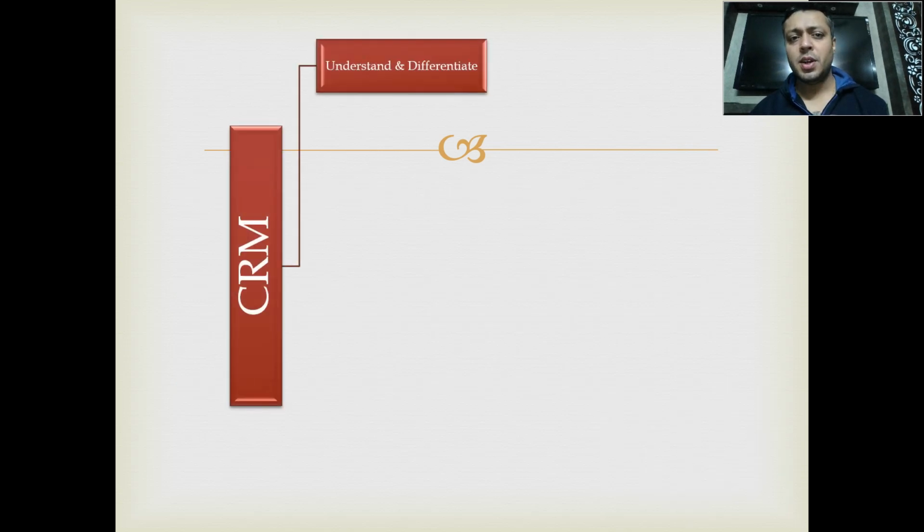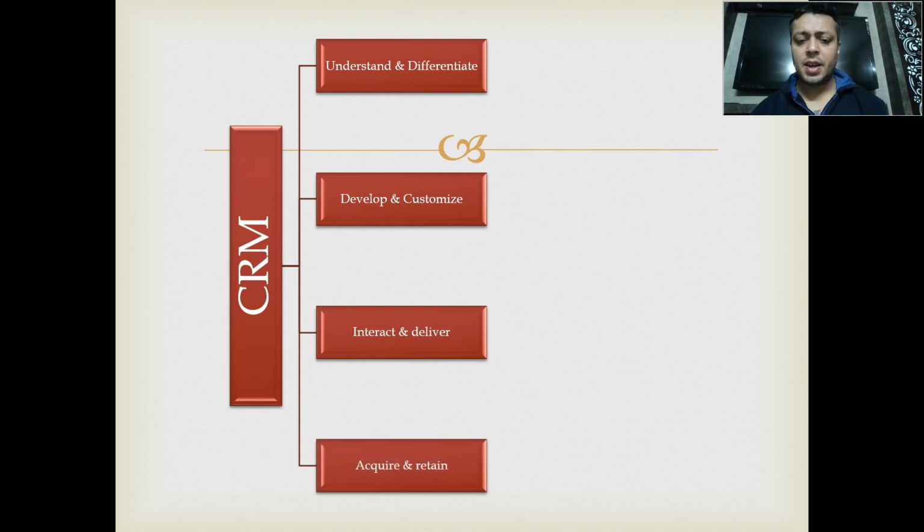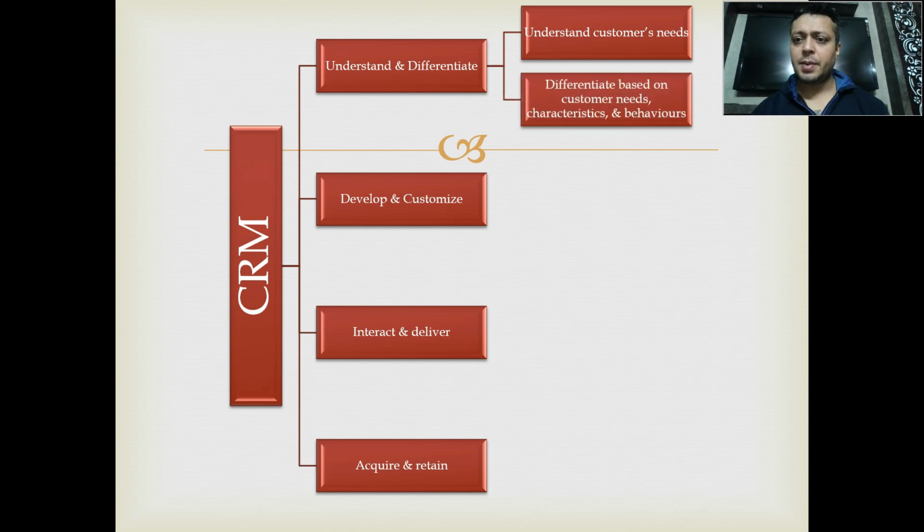First, we need to primarily understand and differentiate between the customers, then develop and customize, interact and deliver, and lastly, acquire and retain. So when we try to understand and differentiate a customer, we understand the customer's needs, then differentiate the customer based upon their individual needs, characteristics, and behavior.